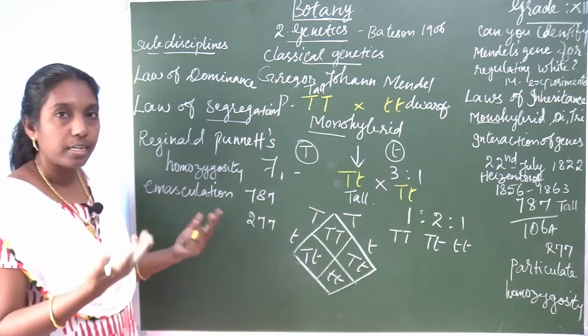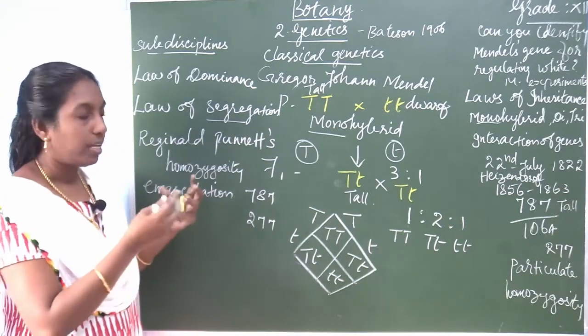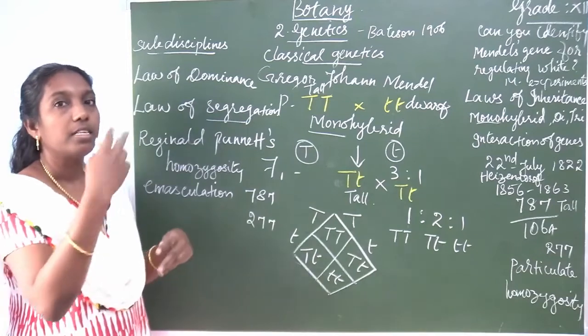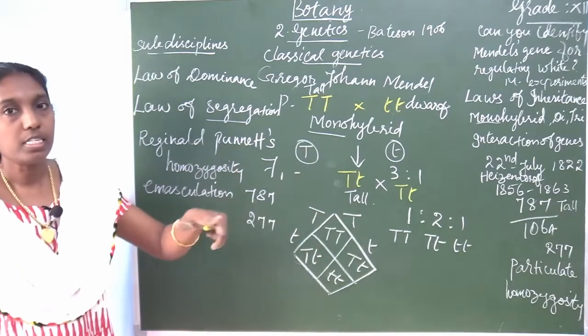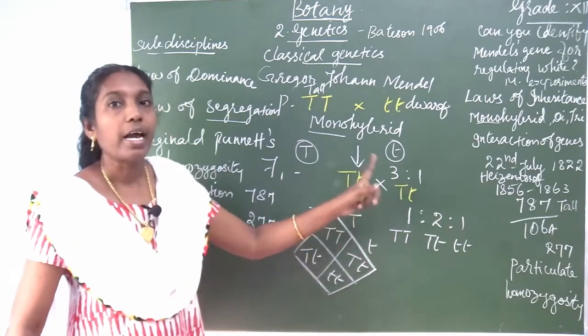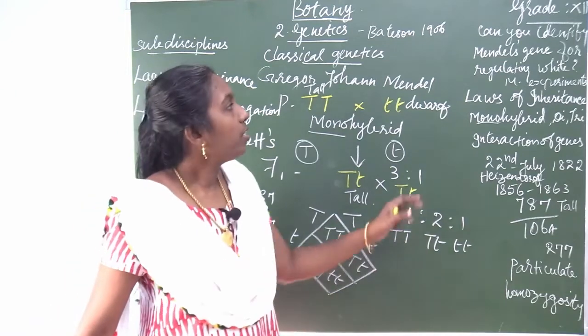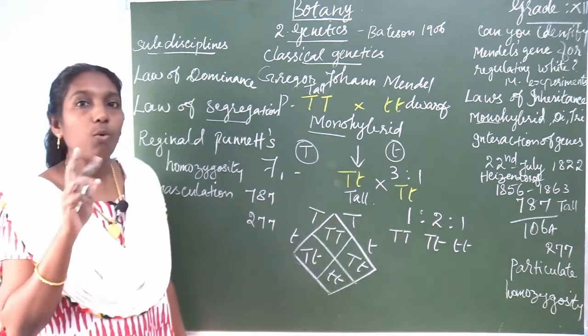So, the desirable characters are selected, the anther is emasculated and transferred to another stigmatic surface and produces a hybrid. That is the hybridization experiment. Can you identify Mendel's gene for regulating white color flowers?